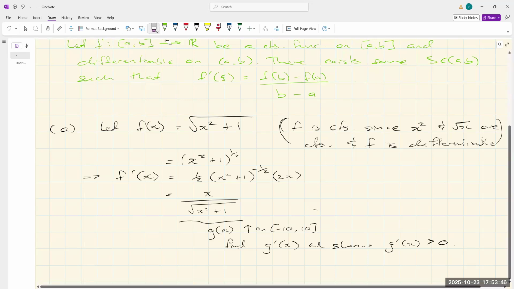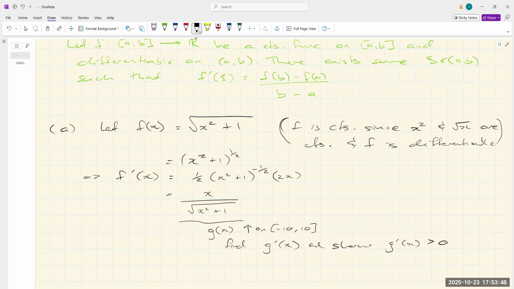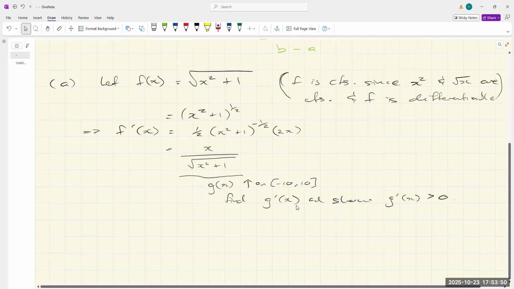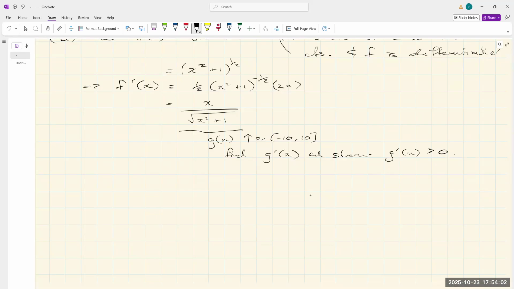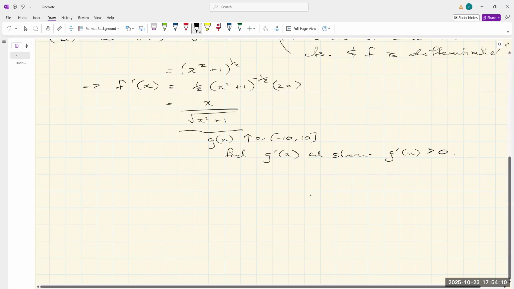So that's just an observation. Of course, that's easy to show. You just differentiate this thing again. So f prime of x, which I was calling g of x, has g prime as just the second derivative of f. So f prime of x is an increasing function.